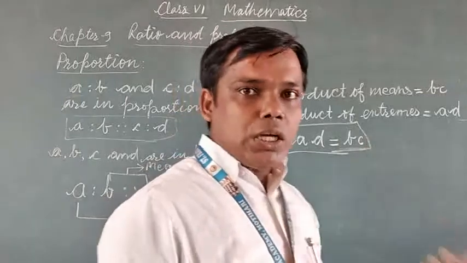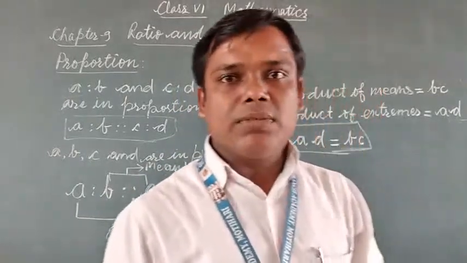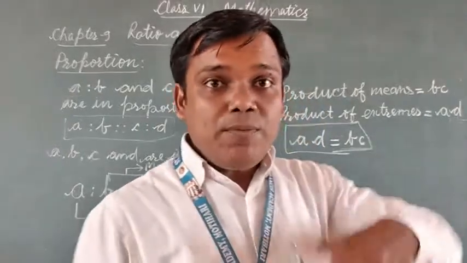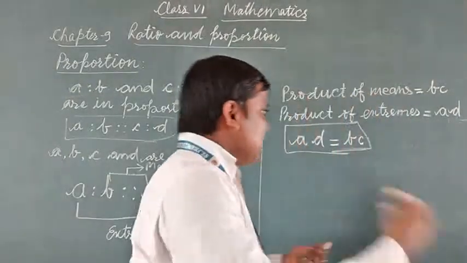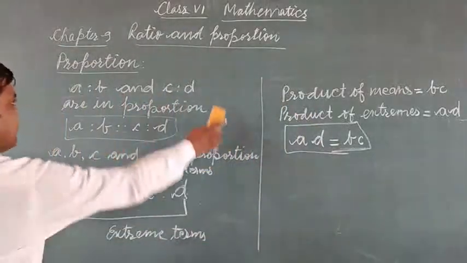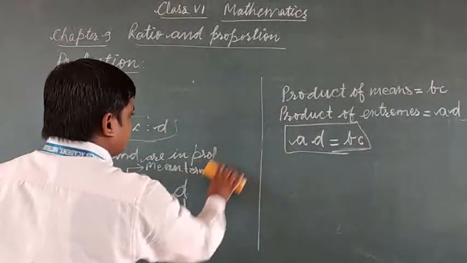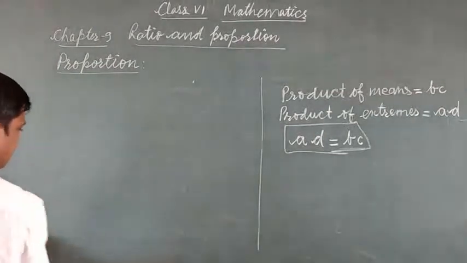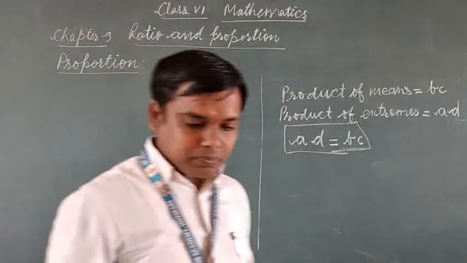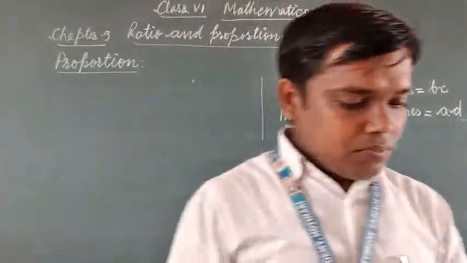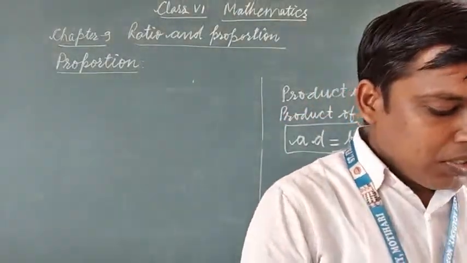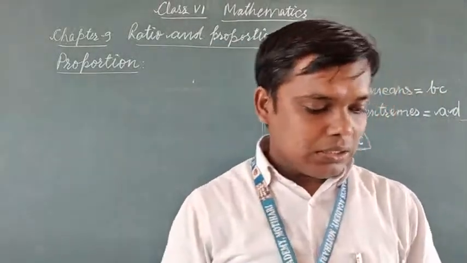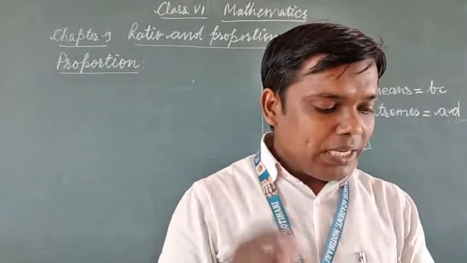If the product of extreme terms and product of mean terms are equal, then we can say these are in proportion. If we are having three terms, how? In some cases, you will find that the mean terms would be equal.